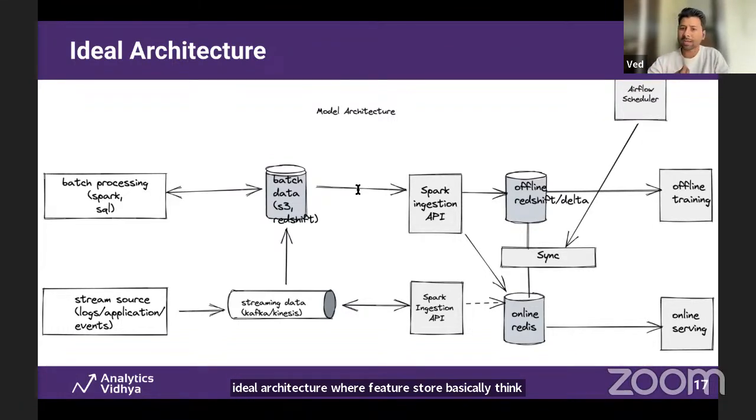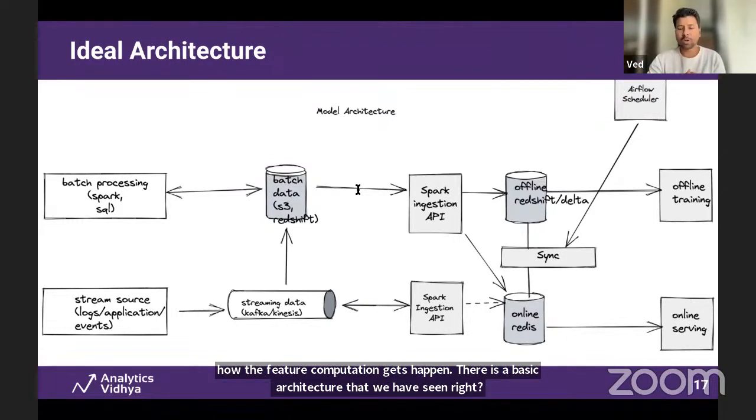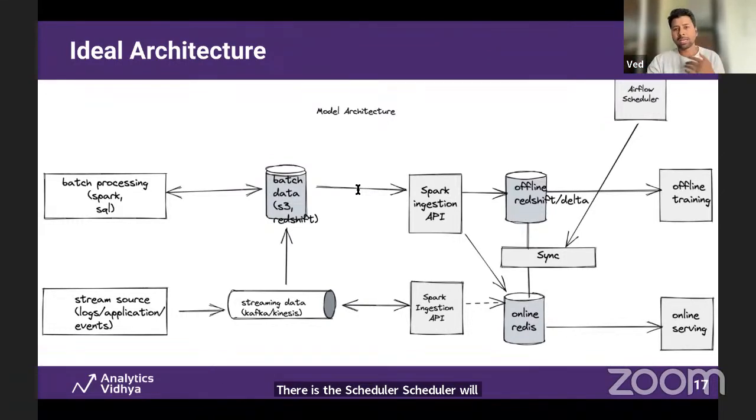You use that SDK to access the data. So how does the feature computation happen? There is a basic architecture that we have seen, right? There is a scheduler. The scheduler will schedule the jobs, and when it runs after scheduling, it will store that data into the feature store. So that's how it happens.